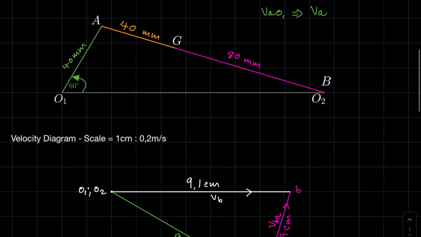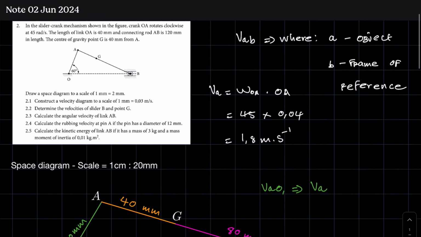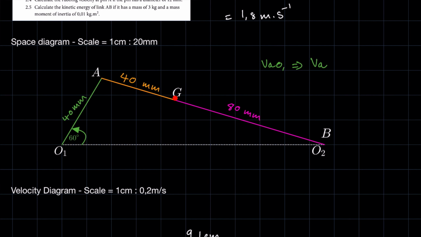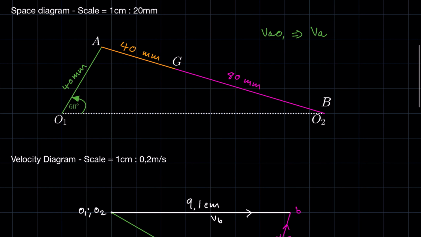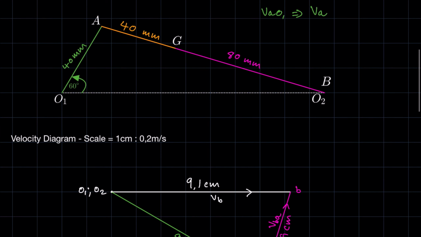Now, we have a point here. In the statement, they said the center of gravity. So we have the center of gravity, point G. They sometimes like asking you to calculate the absolute velocity of G, which would be VG.